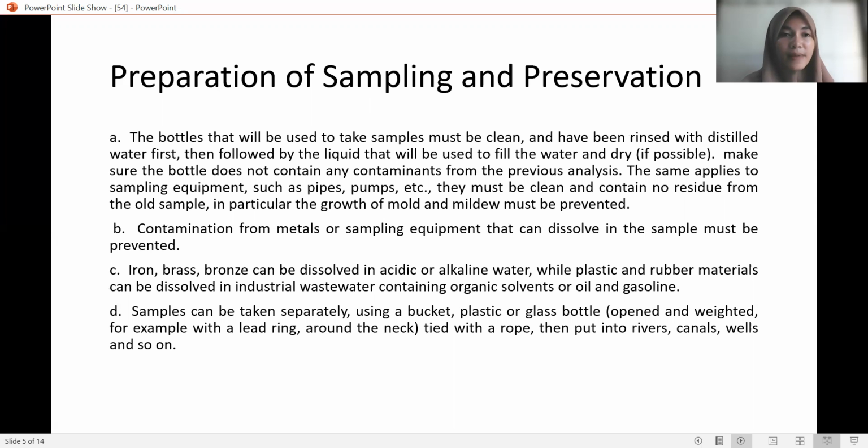A. The bottle that will be used to take the sample must be clean and have been rinsed with distilled water first, then followed by the liquid that will be sampled, and if possible.